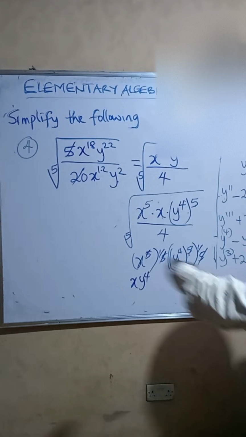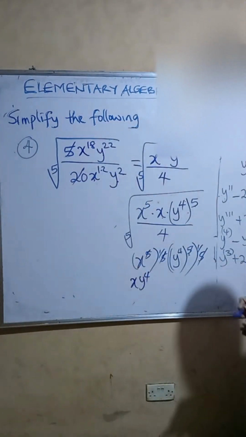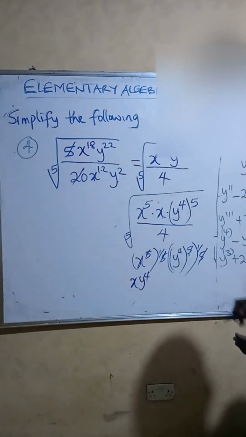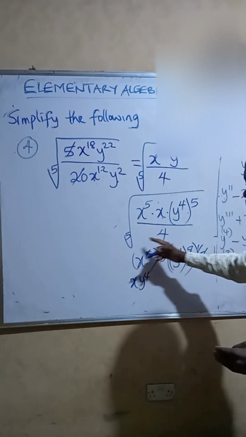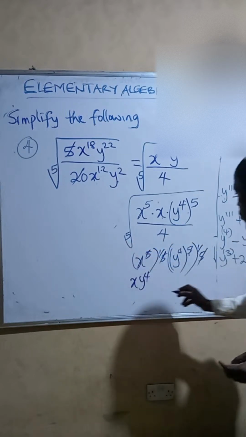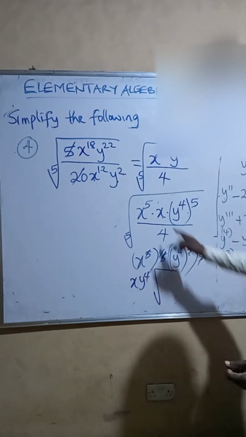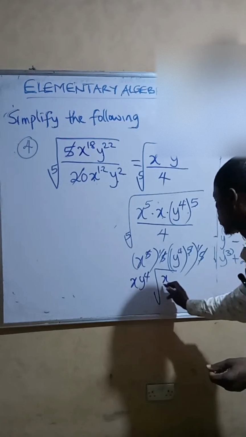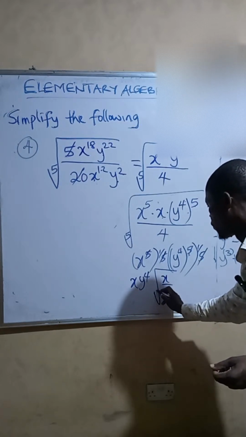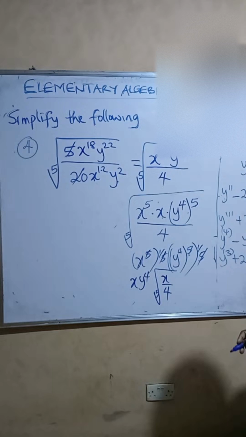So those ones, they're outside the roots. So we now have this one, 4. There's no direct answer. So square root of what? So square root of we have 1 here as x over 4. You put your 5 here. So that's the answer for that.